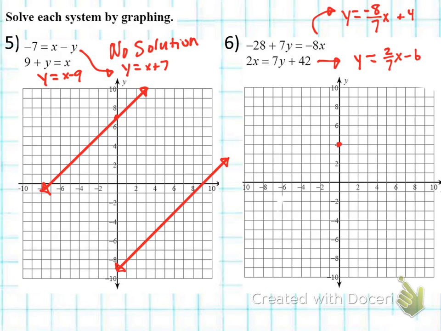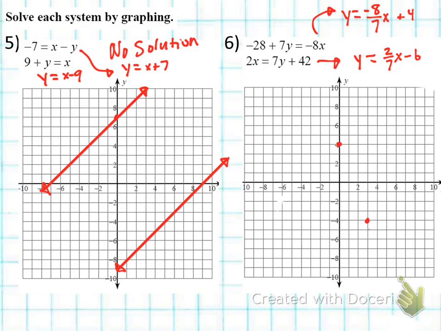So 8/7, I can't go up. I'm sorry, wrong way. Negative 8/7. Where do you get minus 6 from? I'm going to subtract 42 first. I did 2 steps at once.